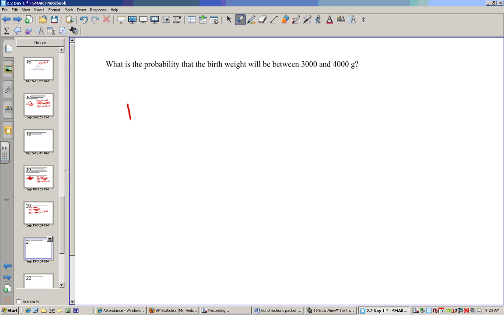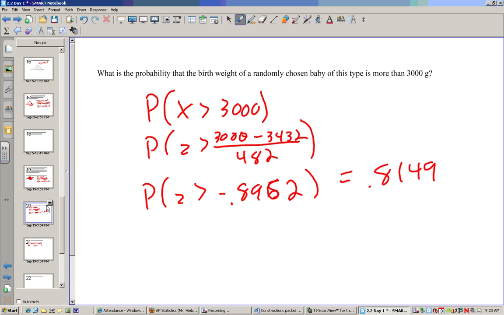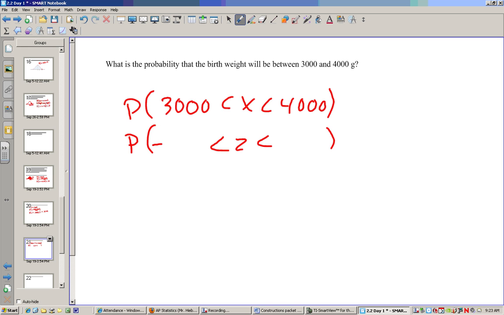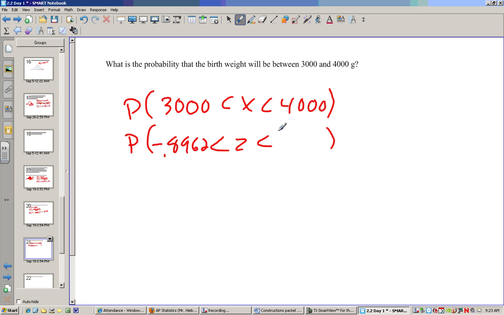So what's the probability it's between 3,000 and 4,000? So the probability that my x value is between 3,000 and 4,000 is the probability that my z-score is between those two z-scores that we have. We don't need to find it again because we have it. Negative 0.8962, and 4,000 was 1.178.